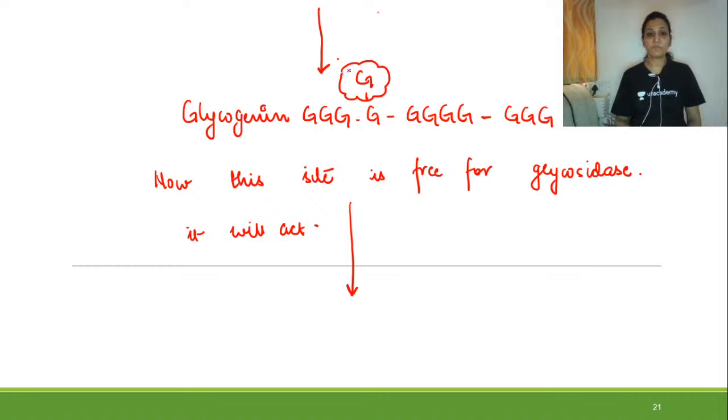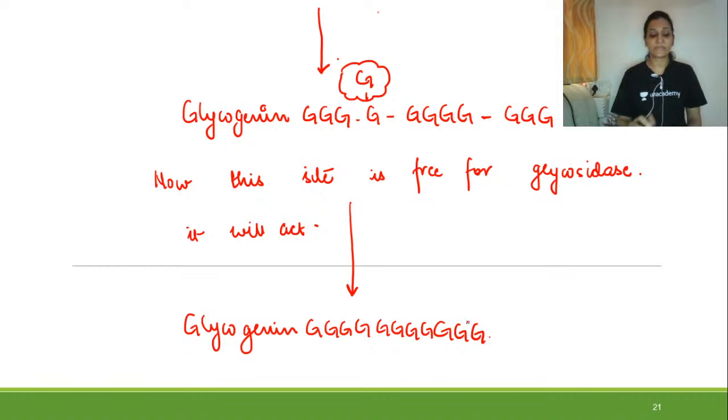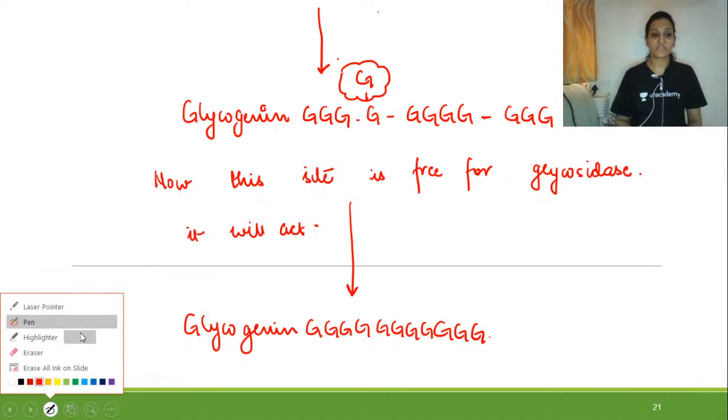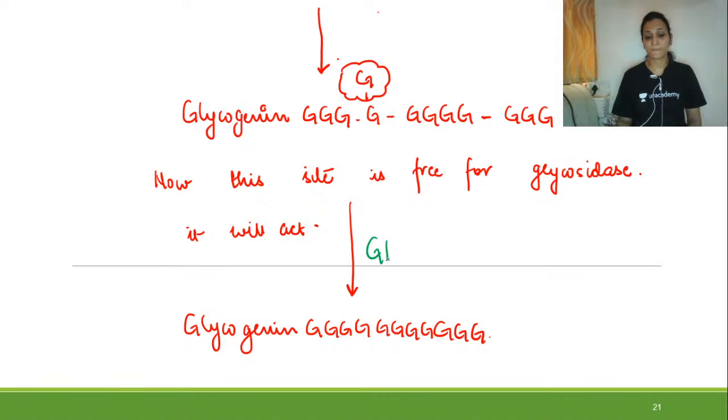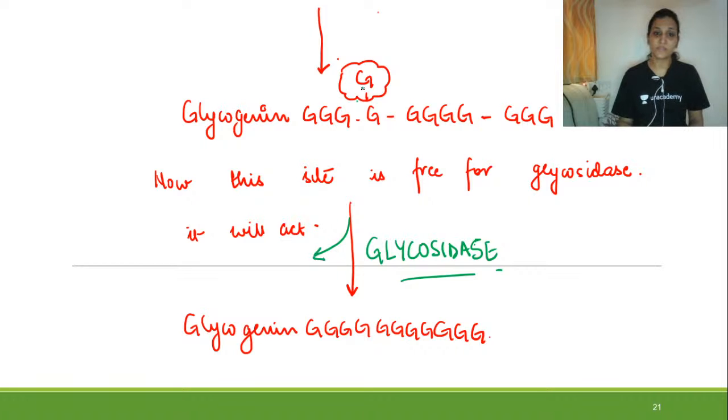So now what we will get is glycogenin with a linear chain of glucose. This is because of the action of glucosidase, and there will be removal of this glucose molecule, specifically this molecule. That is the most important thing.